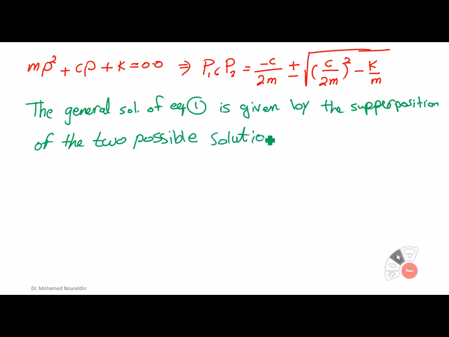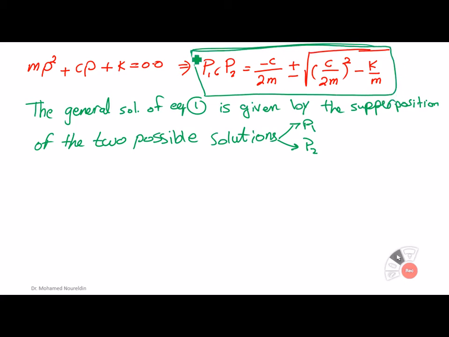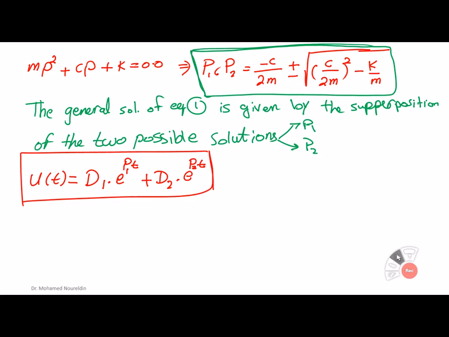What is the meaning of the two possible solutions? We have one root, p1, and we have another root, p2. So this means that our equation is going to be u of t equals d1 times e to the p1 t plus d2 times e to the p2 t, because as I said we have p1 and p2.